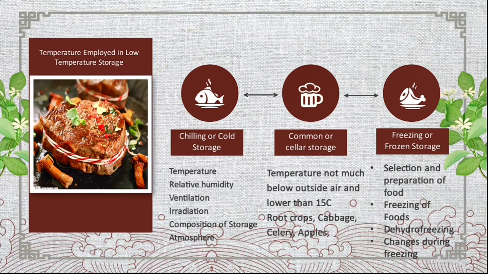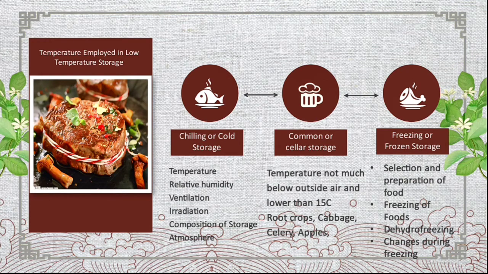Most vegetables are scalded or blanched and fruits may be packed in syrup. Meats and seafoods are selected for quality and are handled so as to minimize enzymatic and microbial changes.